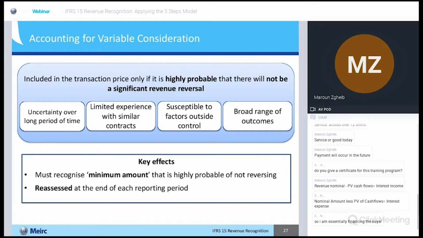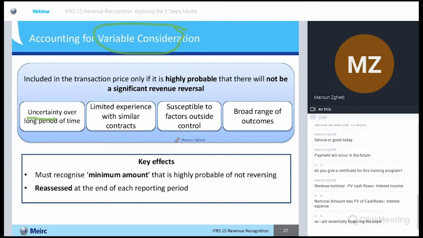The second area that IFRS 15 expanded on is the cases of variable consideration. Variable consideration is the consideration that might occur or might not occur in the future after some uncertainties are resolved, after some factors outside the company's control resolve.